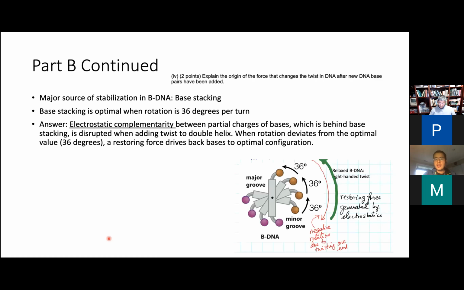So when you add the twists, the DNA goes away from this optimal base stacking. And to go back to that optimal base stacking for the most stable structure, the restoring force is from the electrostatic complementarity between the partial charges of the bases. So that's why there's a restoring force back to that 36 degrees.